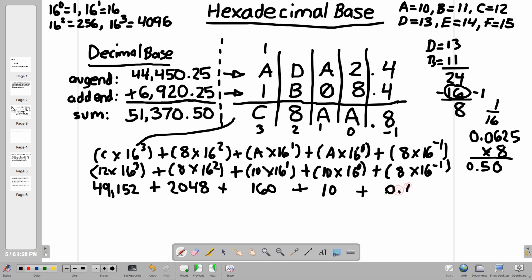So when we add it up, we have 49,152 plus 2,048 plus 160 plus 10 plus 0.5. And just as we said here, it's the value 51,370.5. And that's what we wanted to show.